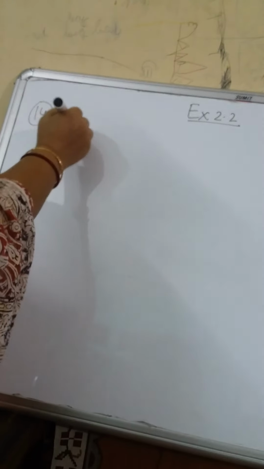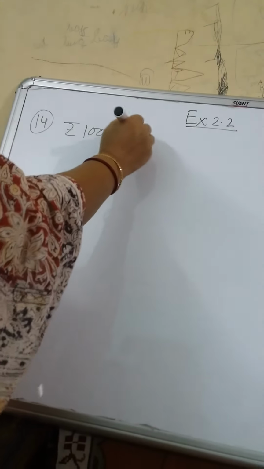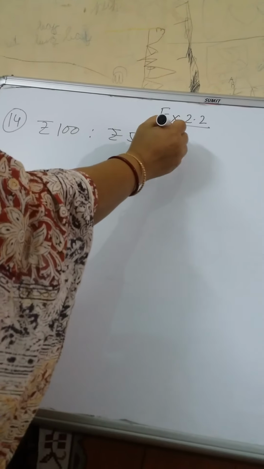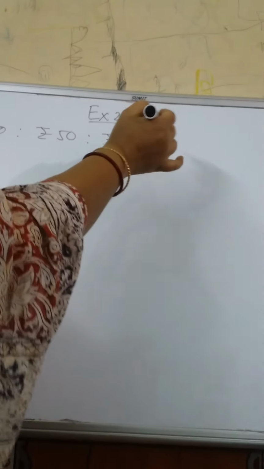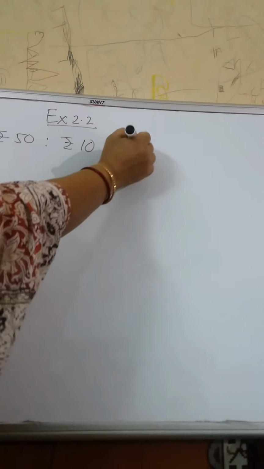Okay, she has a total of 4 lakhs in 100 rupees notes, 50 rupees notes and 10 rupees notes, and their ratio is also given. That means the number of 100 rupees notes, 50 rupees notes and 10 rupees notes is 2:3:5.